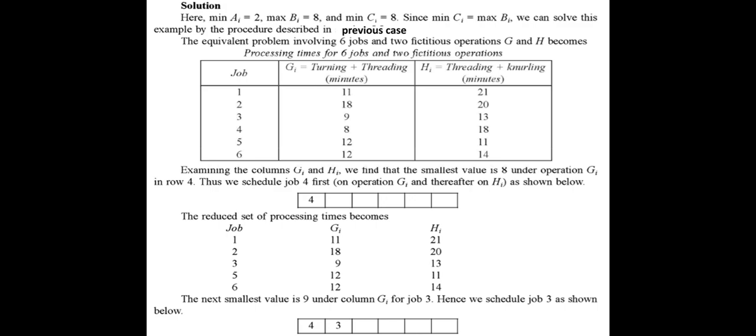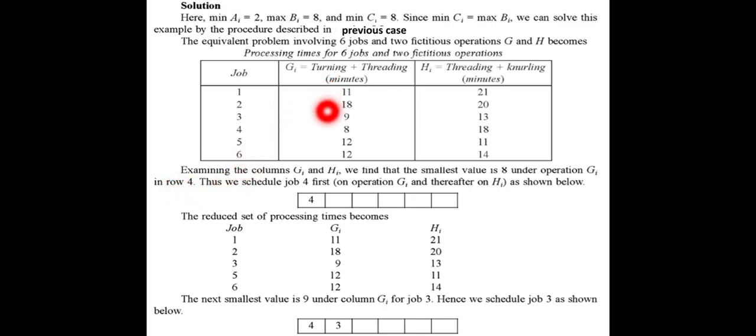So we convert this into an equivalent problem by adding the processing times of turning and threading, and of threading and knurling. Turning and threading is called G, threading and knurling is called H. Now we follow the procedure for sequencing the jobs which we followed in sequencing of n jobs on 2 machines.